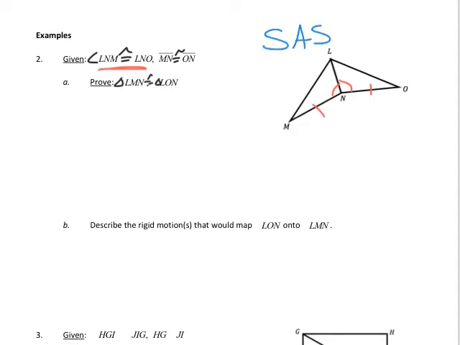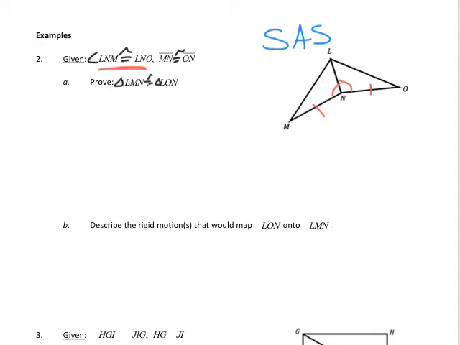So that really tells me what sides I need to get. I have one pair of congruent sides. I have the angle, so the side I have to get is LN, because that's going to give me side, angle, side. I can't use LM and LO because that isn't side, angle, side. You have to have the two sides that create the angle.